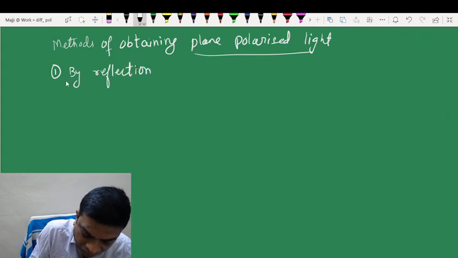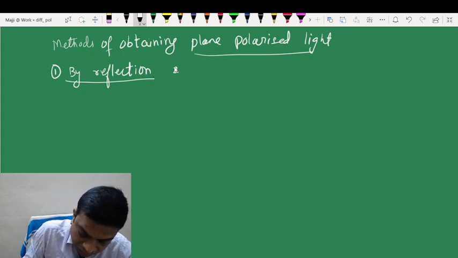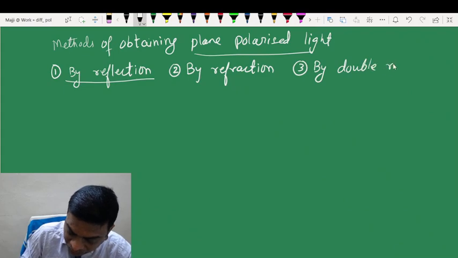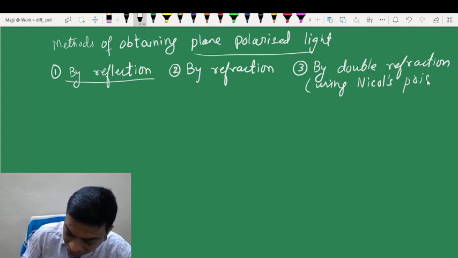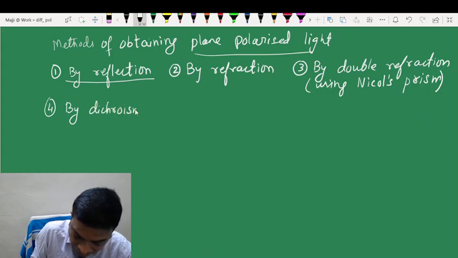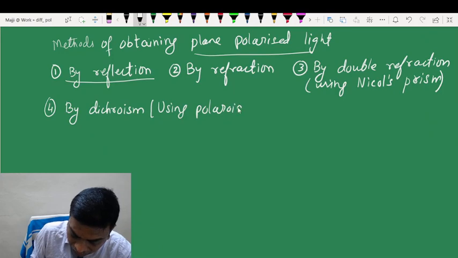Altogether we'll be discussing four methods: by reflection, by refraction, by double refraction using Nicol prism, then by dichroism using Polaroid, and also one more method we'll study is by scattering.